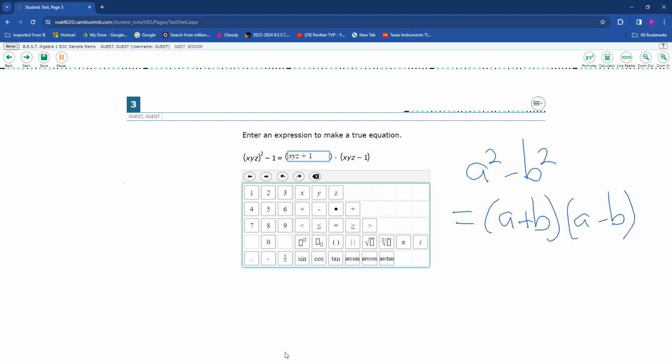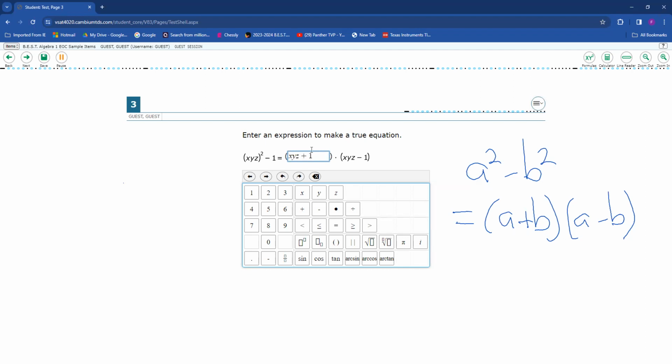So that is the difference of squares. 1 squared is 1, and the square root of 1 is 1. XYZ to the second power, the square root is XYZ. So compare what I wrote here with whatever symbols you can put, it is the same thing.